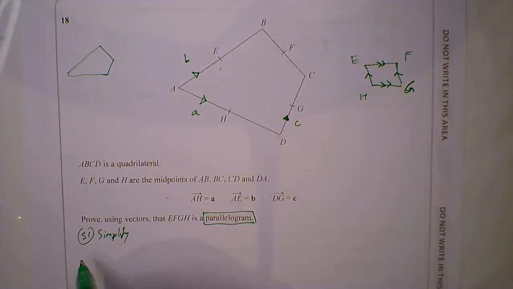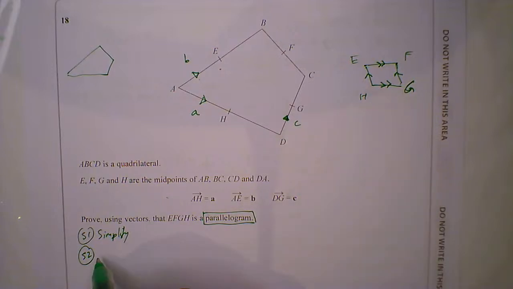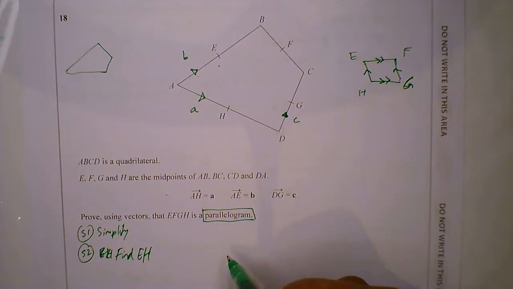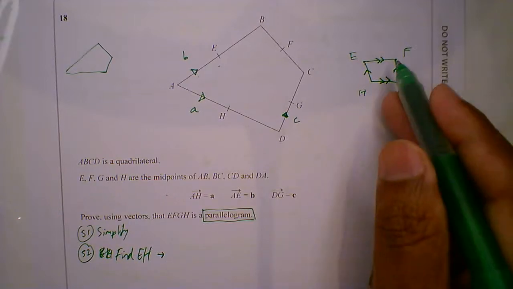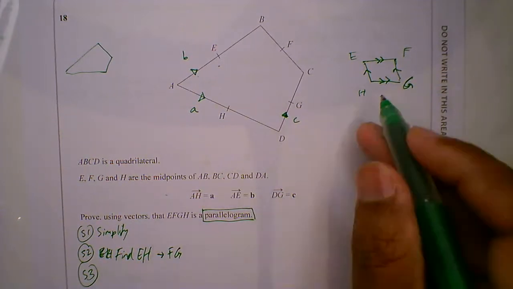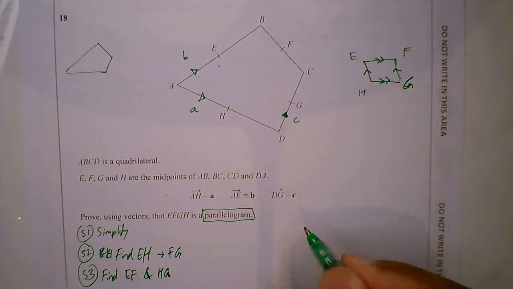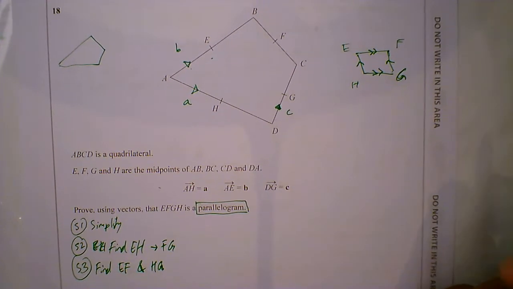So step one, simplified. Step two is to look for one of these easy marks. I need to find EH. Once I find EH, then I can find FG. And then the next step will be to find HG and EH. That is what I'm looking to do.